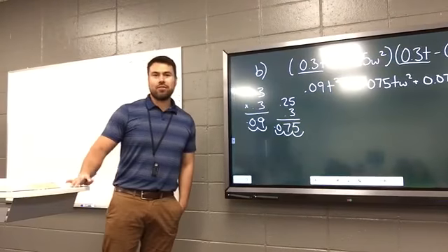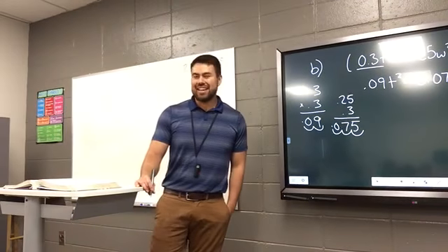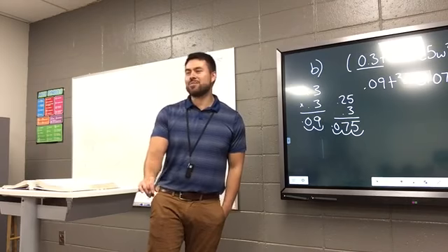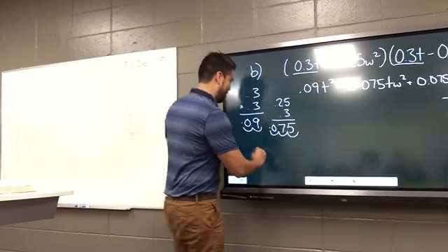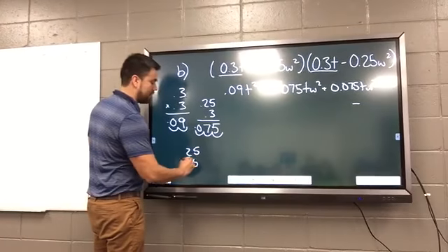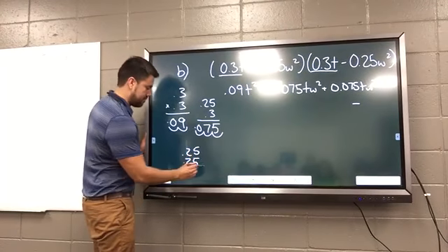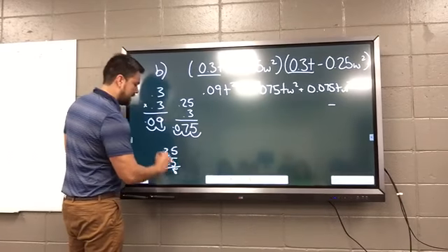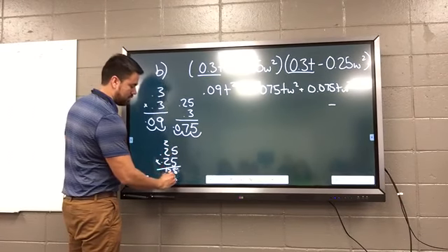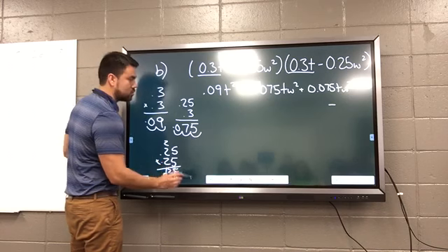What's 25 times 25? I think it's 625 is my guess. So hold on. 25 times 25, and they're both point. 625.